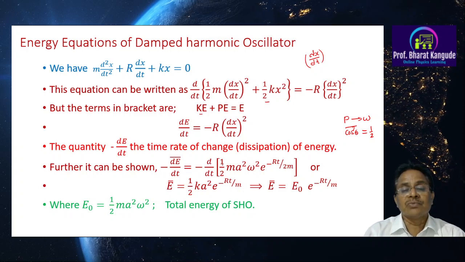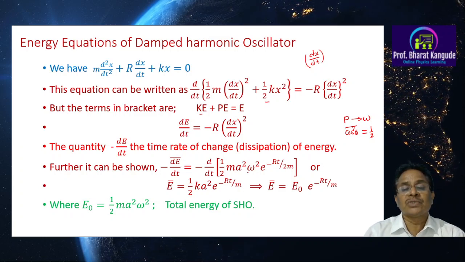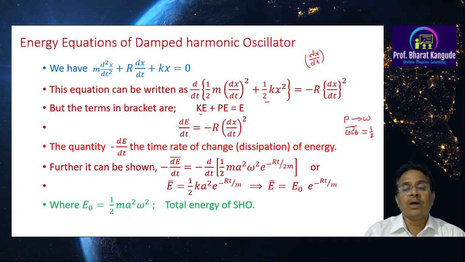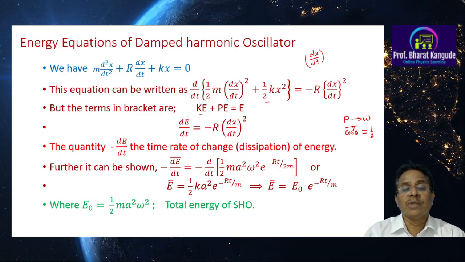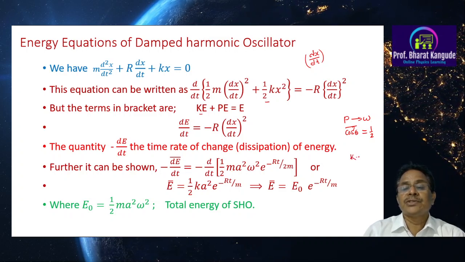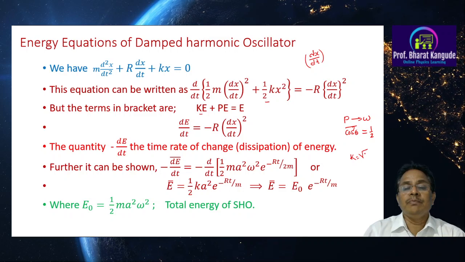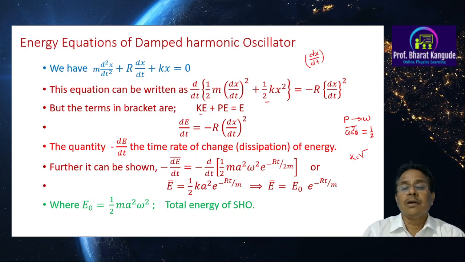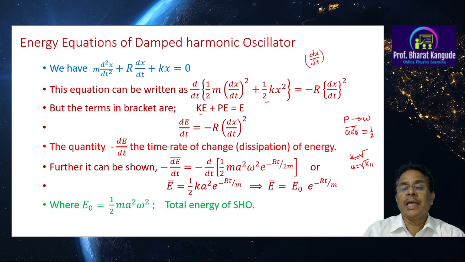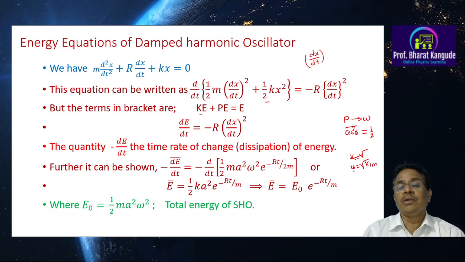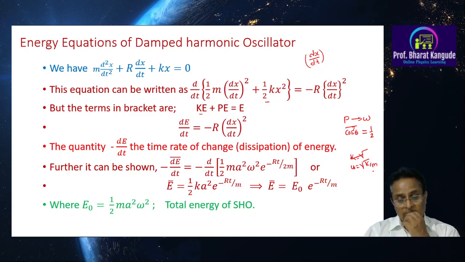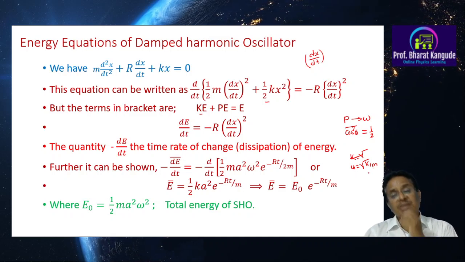Now you find that this m into omega square can be replaced by k, because omega is equal to root k upon m. From the first chapter we have learned this: omega square equal to k upon m, and therefore m omega square is equal to k.